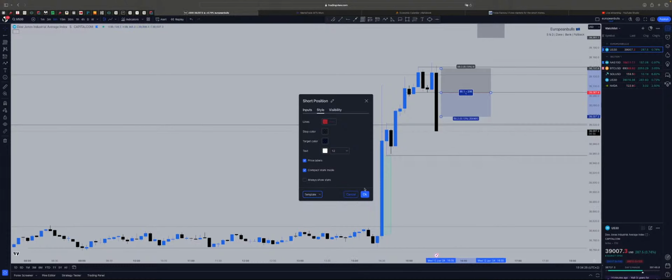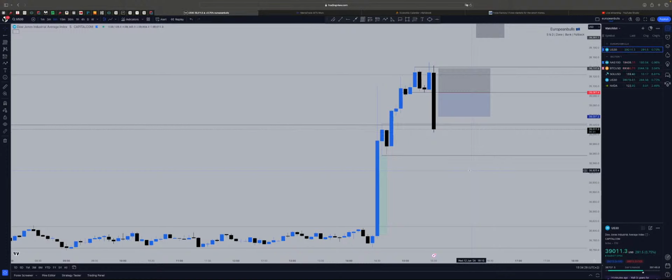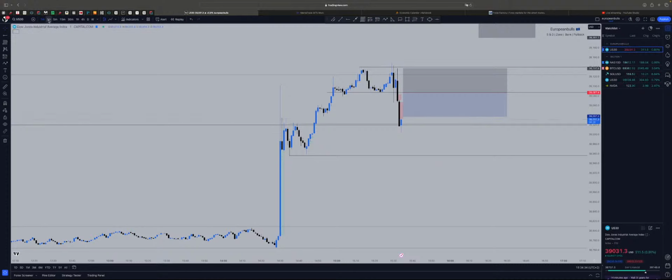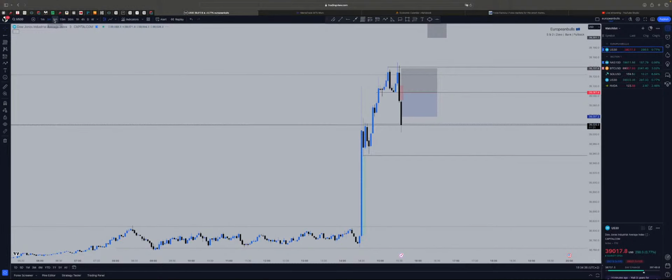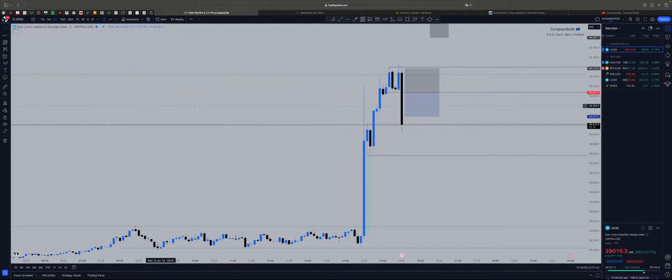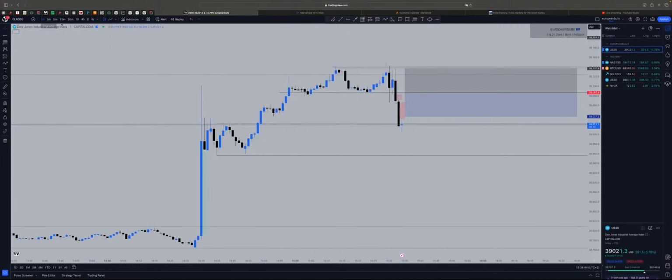I don't care. 22 seconds left. It's in 1 minute. Stops need to be 140 around this area. I'm gonna increase my risk to 150 if I enter. If I enter.